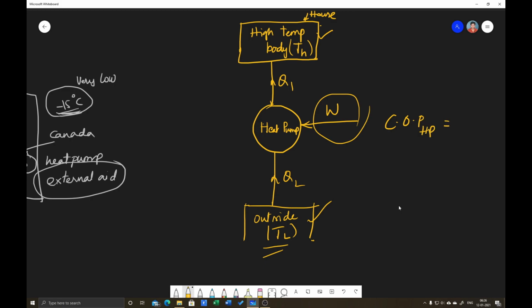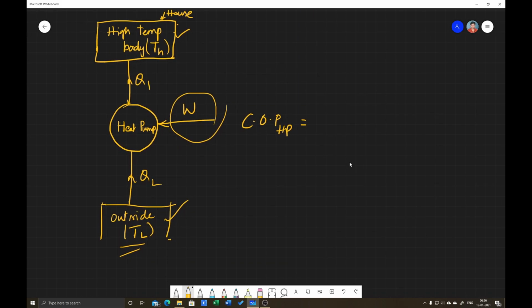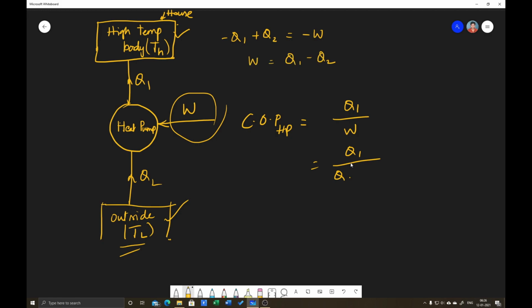Similarly, if you write the COP of a heat pump, the output is Q1, the input is W, so Q1 by W. Similarly, heat getting out of the system is negative Q1, this is positive, work is also negative, and W is equal to Q1 minus Q2.